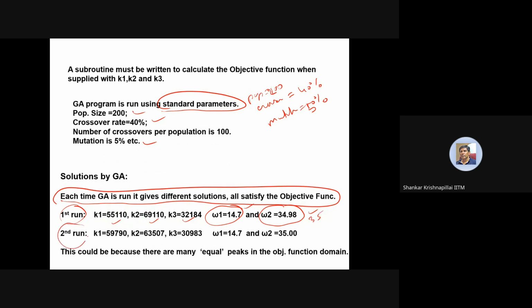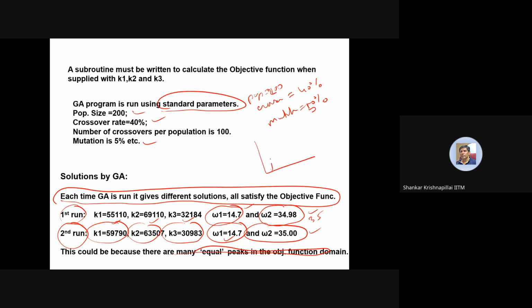Then when you run the genetic algorithm again, because the starting population is different, you get other values of K1, K2, K3, which also give almost the same results: omega 1 is 14.7 and omega 2 is exactly 35.